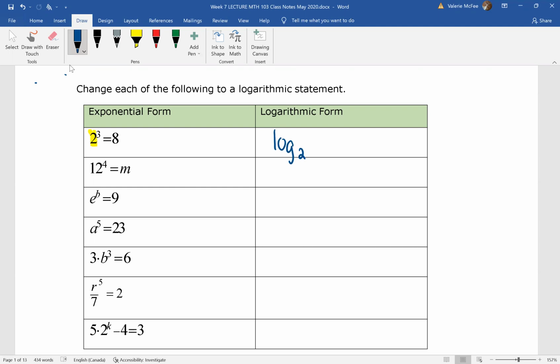We also said the answer to a log is the exponent. Log base 2 of 8 equals 3. Think about that. You know that 2 cubed equals 8. Now we're saying log base 2 of 8 equals 3. This is asking us a question. When we're looking at logs, the question is: 2 to what power equals 8?